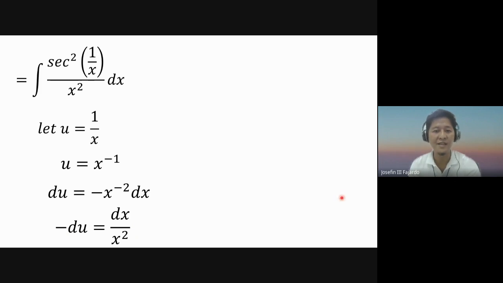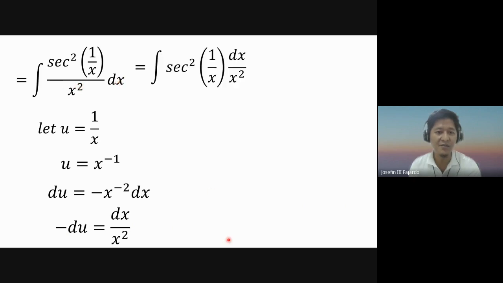Okay, wala na. Sige. Now, pwede ko itong ipagsamahin yung x squared at saka dx. Pwede ko itong isulat in something like this. Si x squared nasa denominator lang, so I can place it in the denominator of dx. Now, notice, si dx over x squared ay negative du, so pwede ko na itong palitan ng du. And then si 1 over x, palitan ko ng u.